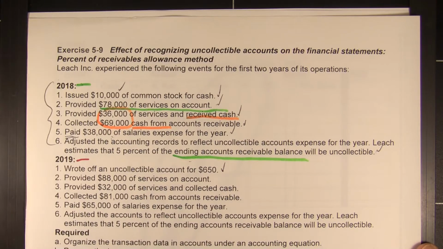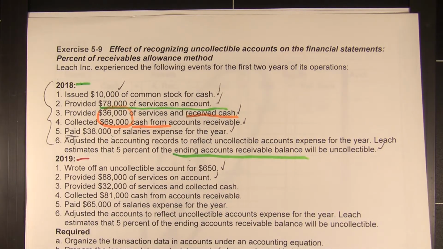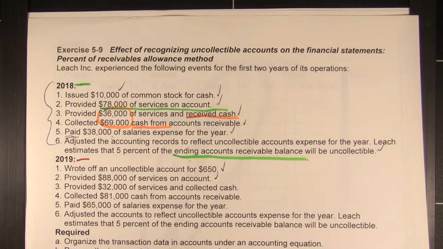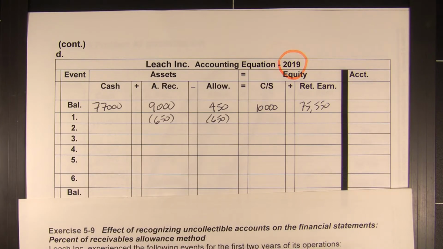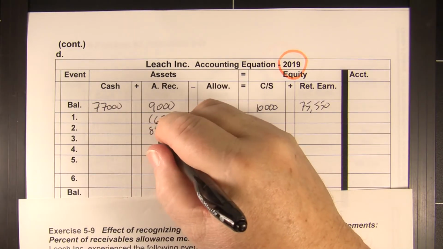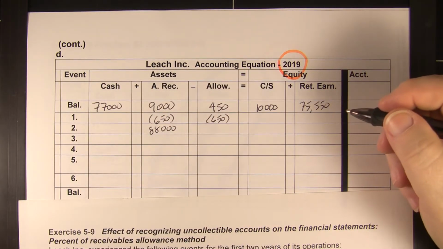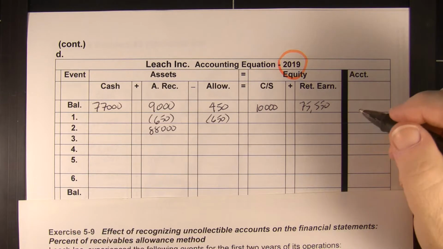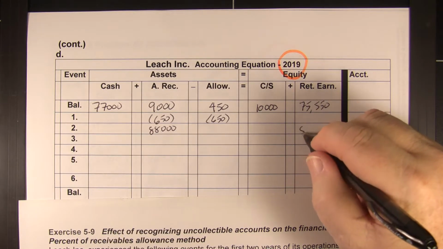So the next transaction, we provided $88,000 of services on account. So there's the $88,000, and that goes to retained earnings. That's the R. That's revenue.